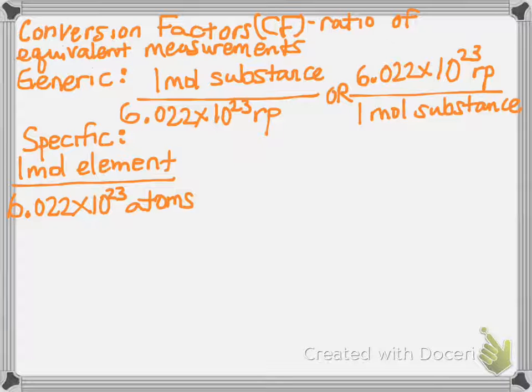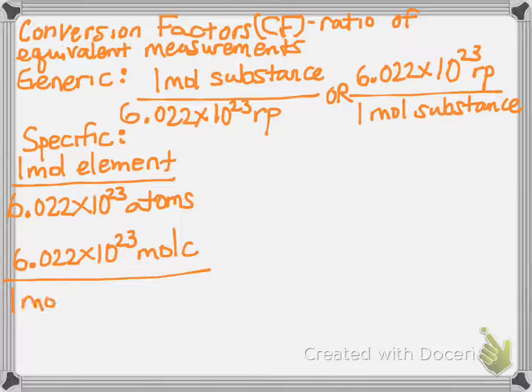For a molecular compound, I can say I have 6.022 times 10 to the 23rd molecules in 1 mole of molecular compound. Again, same thing as up here. I've just taken substance and made it molecular compound, and representative particle became molecule, because the representative particle of a molecular compound is a molecule.